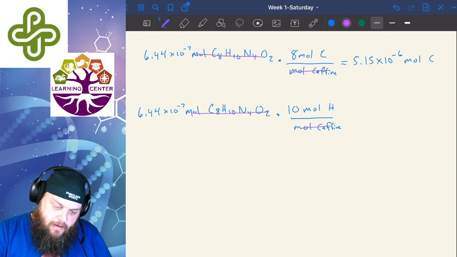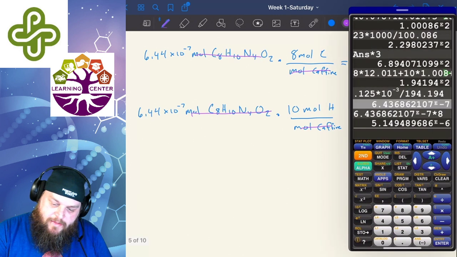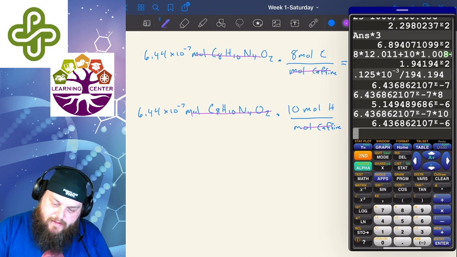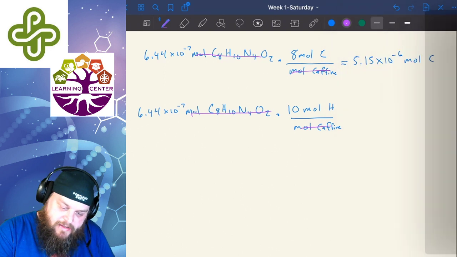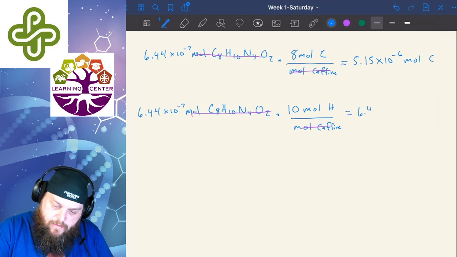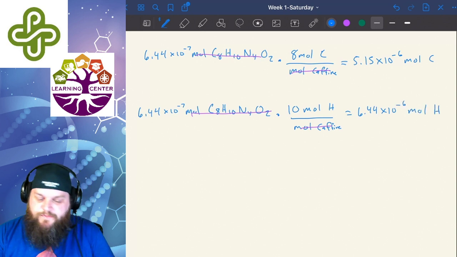So caffeine and caffeine cancel out. That's just times 10. So that's a pretty easy calculation. We're really just going to be 10 to the negative 6 now. Everything else stays the same. 6.44 times 10 to the negative 6 moles of hydrogen.